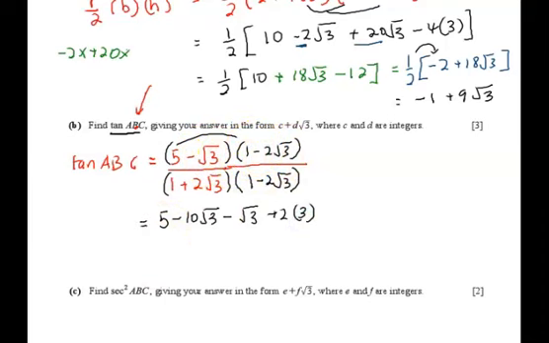Okay, and then we divide with 1 minus 2 surd 3, we plus 2 surd 3, we minus. This one and this one will be multiplying, so 2 multiplied with negative 2, you'll be getting negative 4 multiplied with 3.